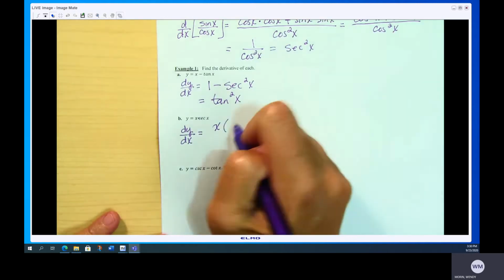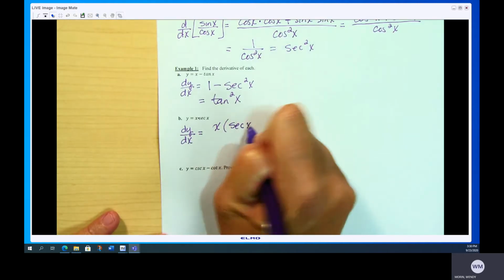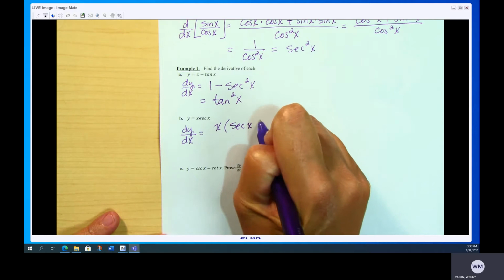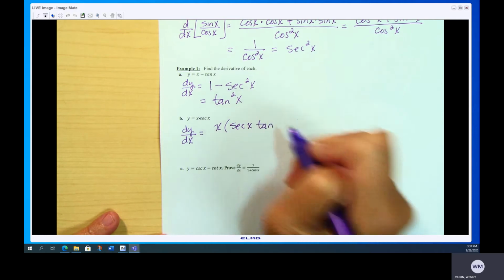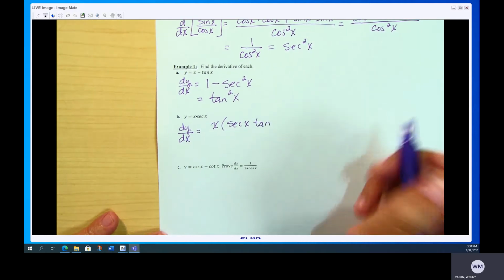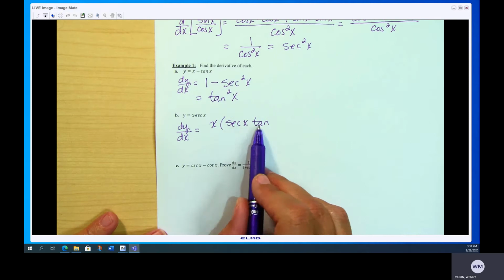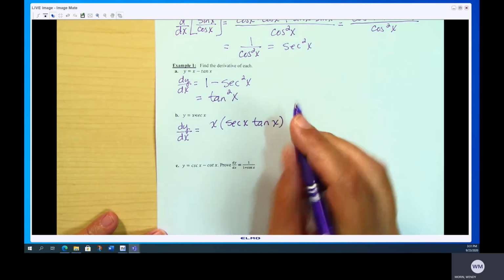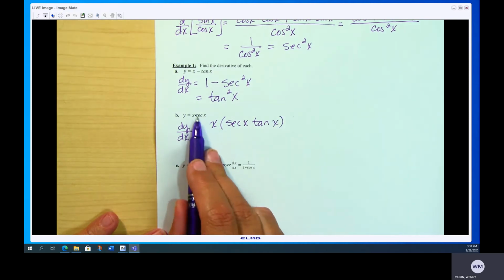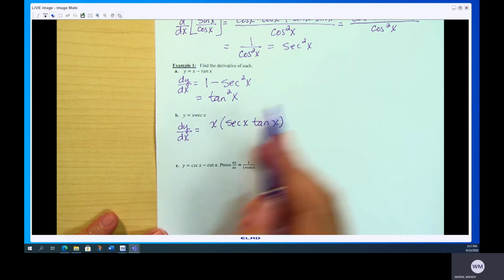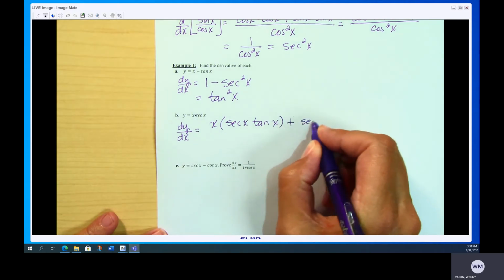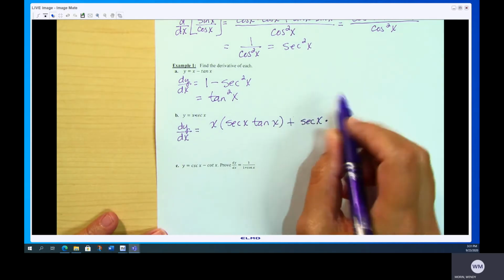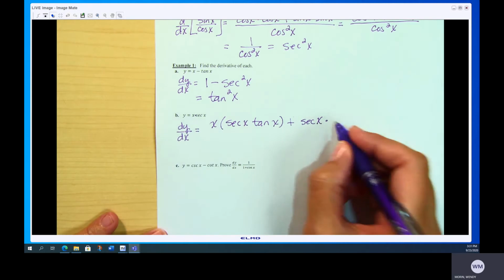So memorize that. Secant x, do not leave off your angles. You must have an x or a theta, depending on whichever variable they start with. Secant x times tangent x. That's the first times the derivative of the second, plus the second times the derivative of the first, which is just 1.